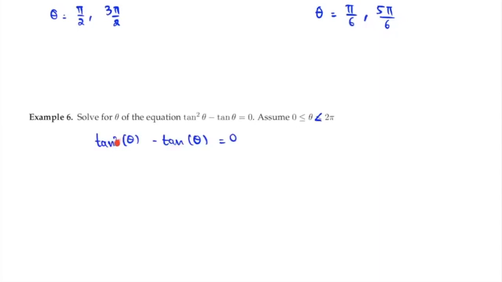So tangent of theta is a common factor. We'll take out one tangent of theta here and one tangent of theta here. So you get tangent of theta, and you're left with tangent of theta minus 1 equal to 0. Again, you take out one tangent of theta and you're left with one tangent of theta; here you have 1 times tangent of theta, so after taking out tangent of theta, you're left with 1.